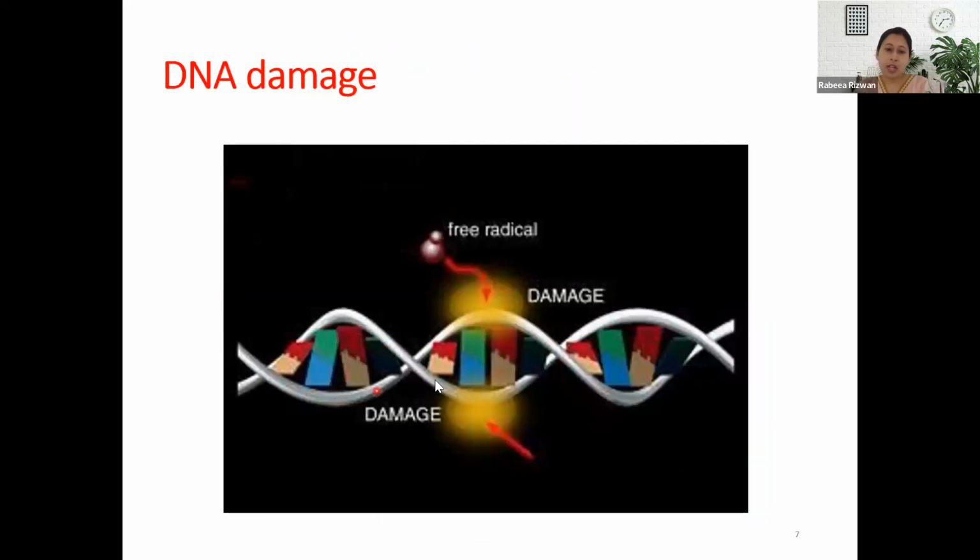And in this picture, the example shows how free radicals cause damage to the DNA. When we see the DNA in an electron microscope, it has many components inside it called genes, and these genes carry the various characteristics and programming of our body, such as our hair color, our age, our health.